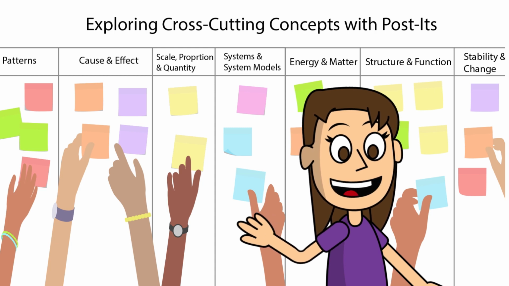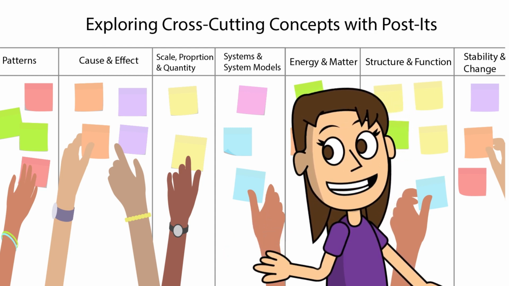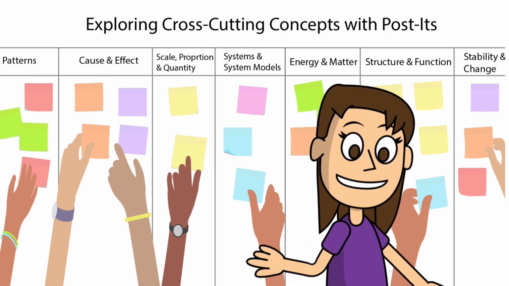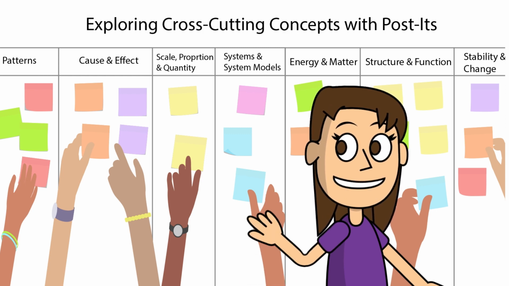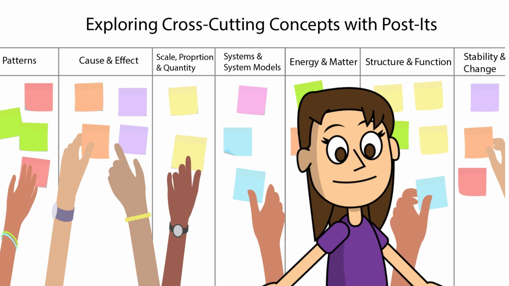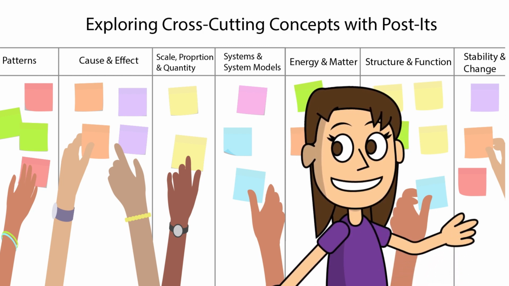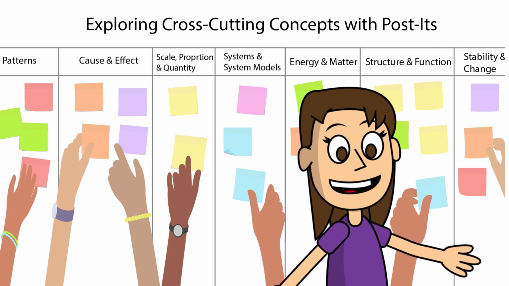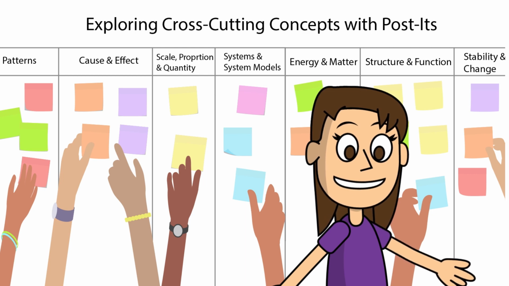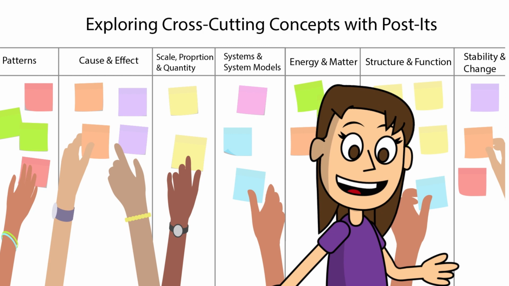If it was at the end of a semester and I'm just now starting this, like, oh, wow, that sounds like a great idea, but half my year's over, it may be that we put the cross-cutting concepts up on the board or up on the wall or even on a big sheet of Post-it note, and I have kids go through content that we covered all first semester and pull out cross-cutting concepts, examples of evidence for different cross-cutting concepts that we might have had in our course the first semester as a good review.